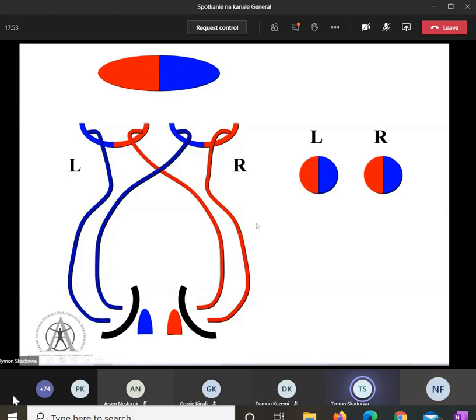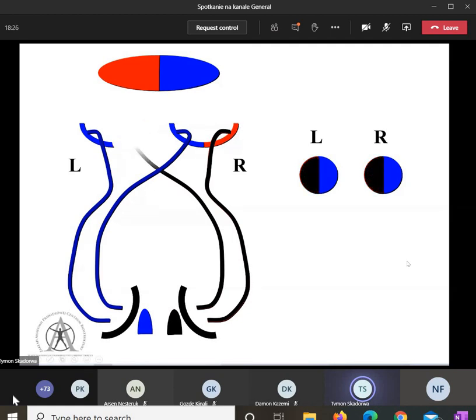Now, if the lesion is located distal to the optic chiasma and it affects the optic tract, right? Because this is the optic tract, then the geniculate body would be somewhere here, optic radiation and the cortex. Okay, so if we cut anything which is distal to the optic chiasma, we cut the transmission from the homonymous parts of retina because it is nasal part on one side and the temporal part on the other side.